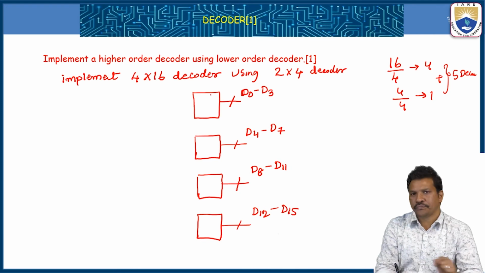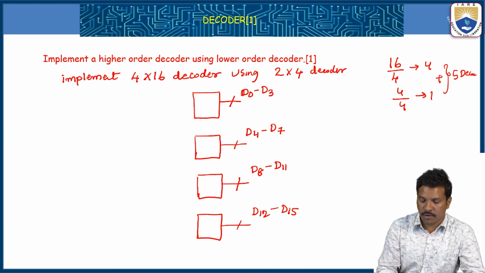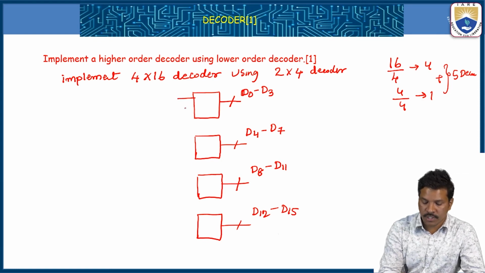Here, each decoder has 2 inputs. It is a 2x4 decoder.